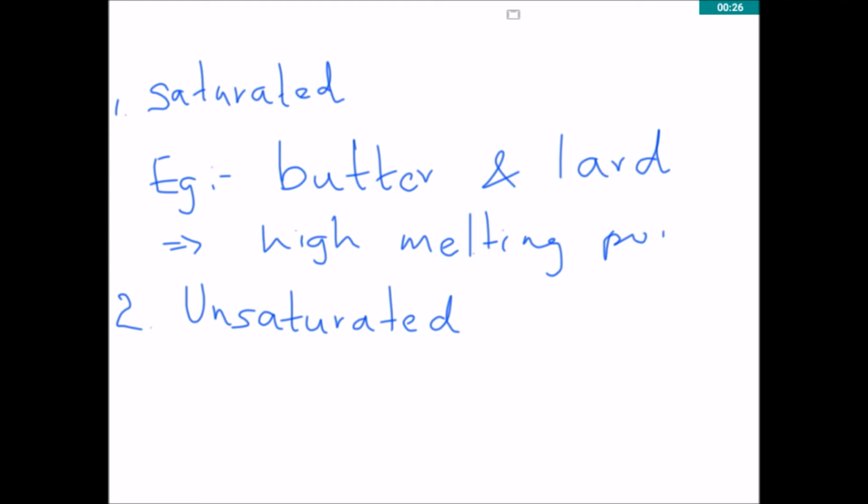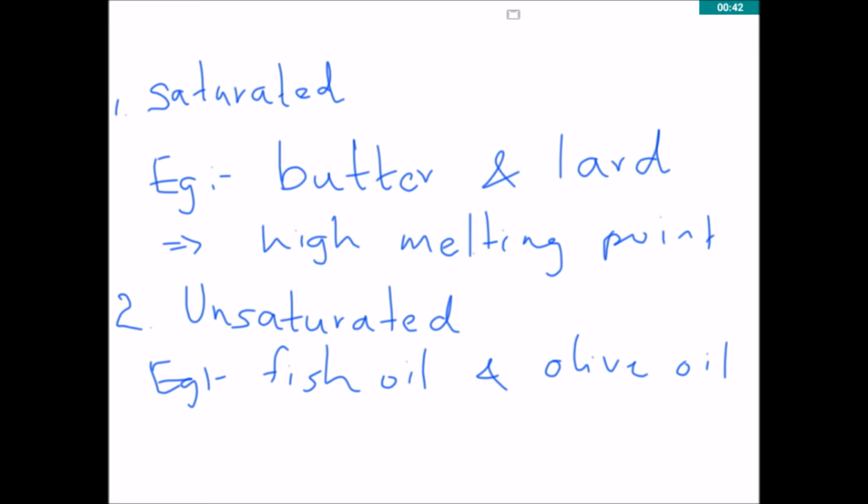For unsaturated, the examples are fish oil and olive oil. If you want, you can add sunflower oil, whatever. As they are liquids, they have a low melting point. Remember, here I say lower and higher; this is just a comparison between the saturated and unsaturated.